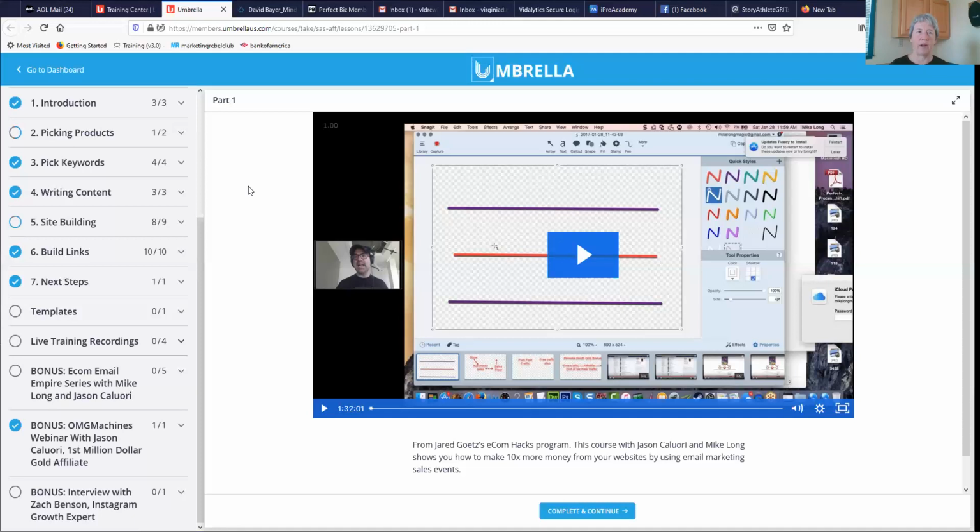They show you what keywords you can use, and then they show you how to find your own keywords too. So they basically go step by step from start to finish how to promote these products. And then you can use the knowledge that you learn from these 3 products to go on and promote any product that you want.